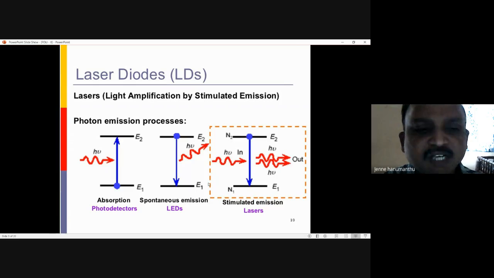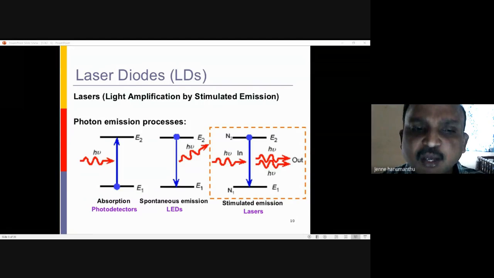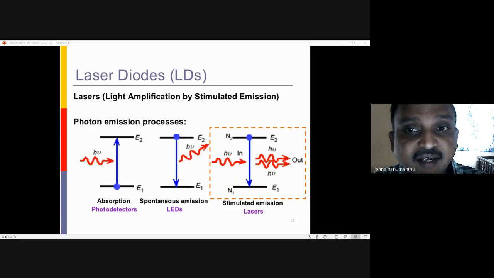Why don't we want spontaneous emission? If you expect spontaneous emission, the radiation intensity is very low. But if you expect stimulated emission, you may expect high radiation. That is the main reason for expecting stimulated emission from laser diodes.